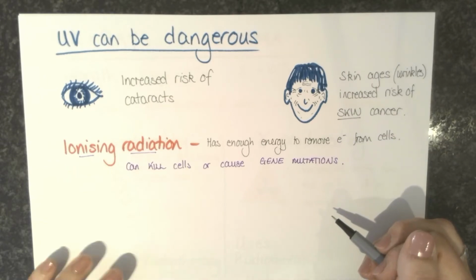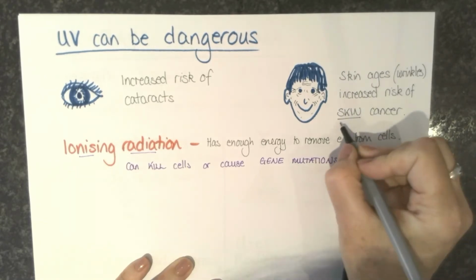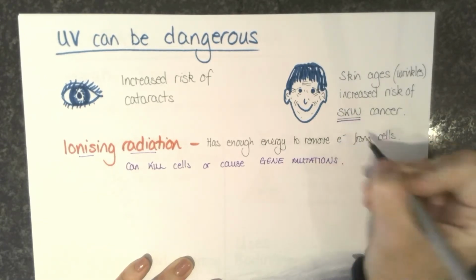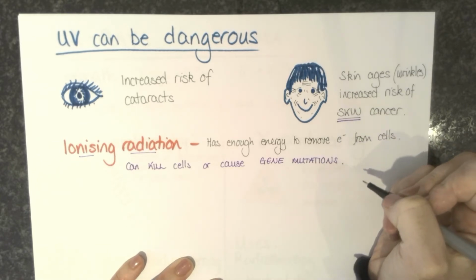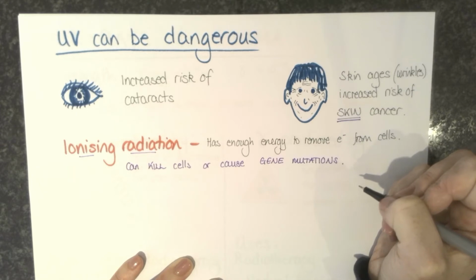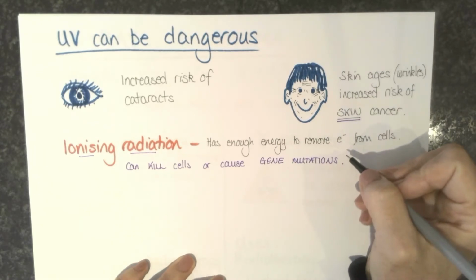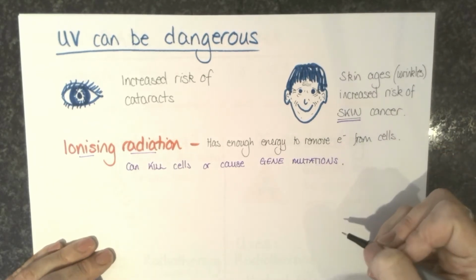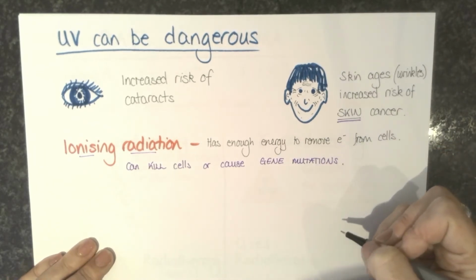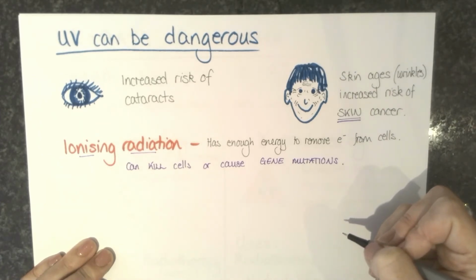Now, the thing to note here is that ultraviolet can only be linked to skin cancer, because it's not got enough energy to be able to penetrate further into the body tissues than just the skin. So any ionizing and damage that it does is on the skin. And hopefully you all know that to be safe in the sun, we should be wearing UV blocking protection.